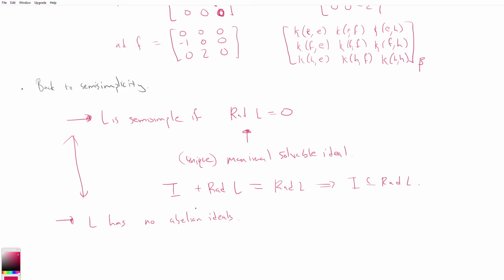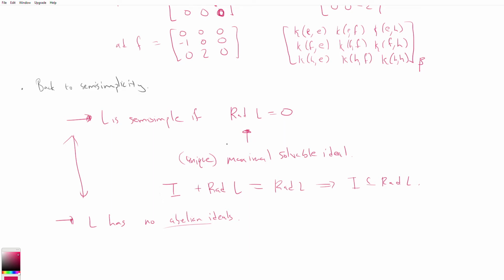And the reason this is the case is simply because we can look at it in both directions, right? Of course, an abelian ideal is solvable, so it's contained in the radical, okay? So that's one direction. And so in the other direction, right, the radical would include any such ideal of L, right? Because, sorry, let me rephrase that.